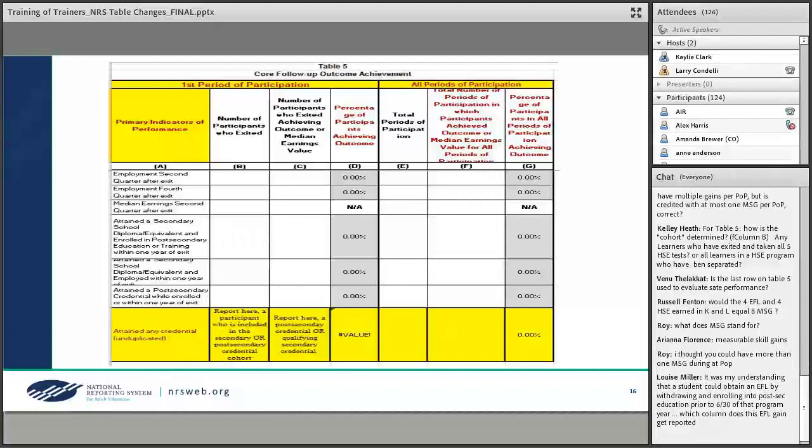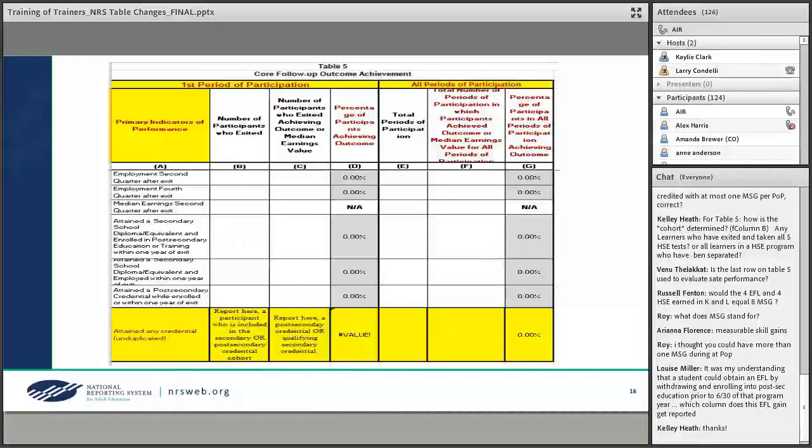So it doesn't matter how many tests you've taken or not. That's everybody who is in a secondary education program who did not already have a high school diploma. And who exited, of course. You have to exit.